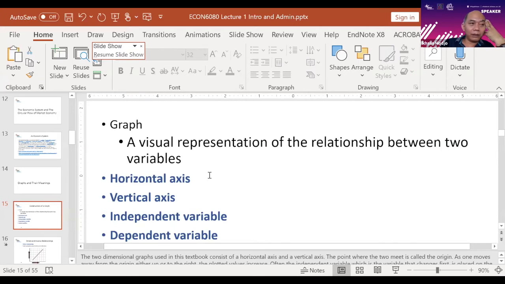So that's why for the first session, when I teach any economics subject, basic business economics or microeconomics, I will teach them how to read a graph.